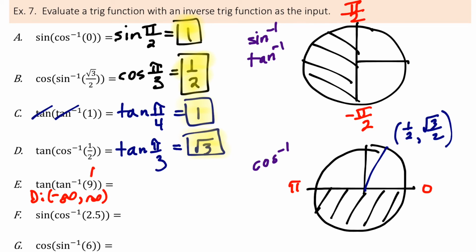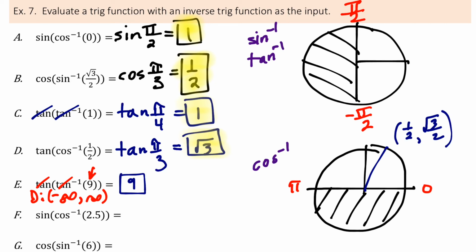So 9 is within the domain. The tangent and the inverse tangent undo each other. So the answer would just be 9 in this case, because they're inverses of each other.